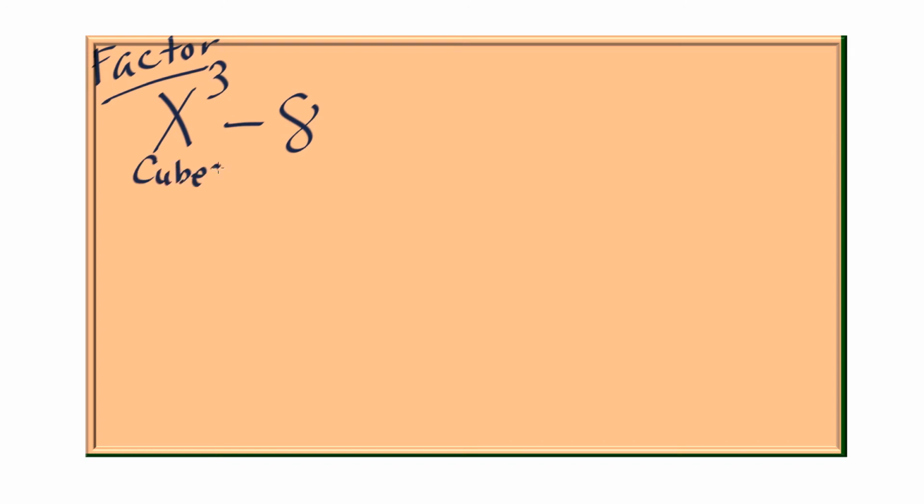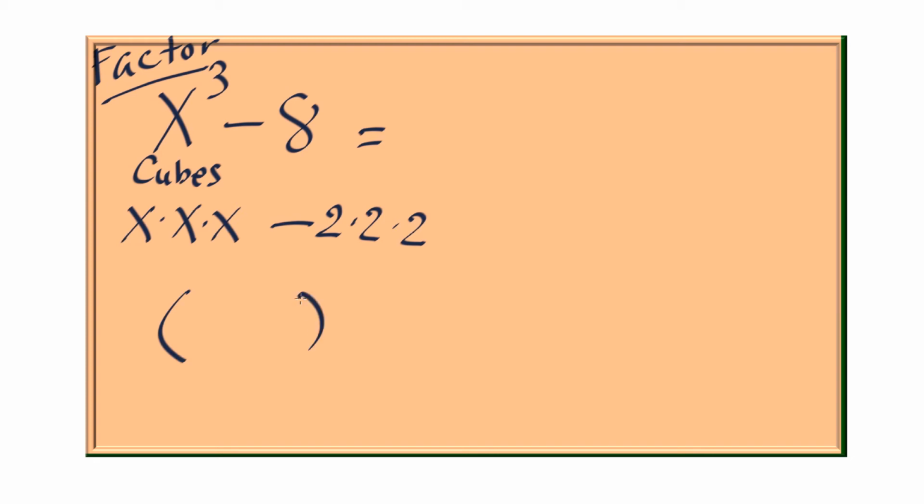So this is how you're going to factor x cubed minus 8. What we do is expand this x cubed. This x cubed means x multiplied by x multiplied by x. And this 8 is 2 times 2 times 2.